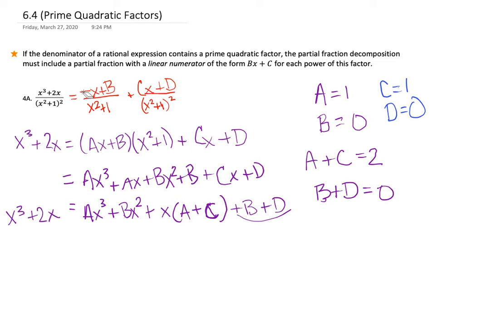My a is just a 1 plus 0. My c is a 1 plus 0. So I could just write this as x over x squared plus 1 plus x over x squared plus 1 squared.